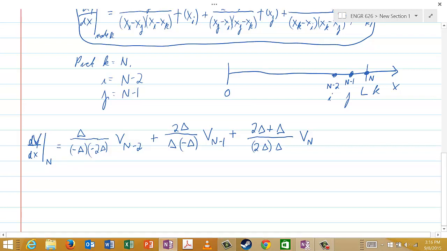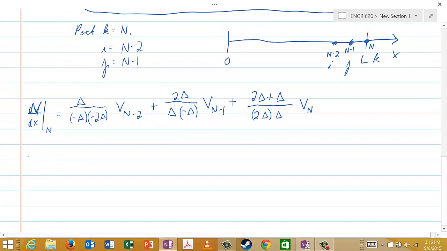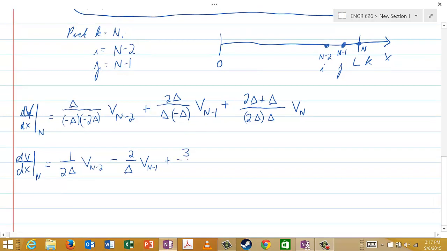So we have dv dx at node n is equal to this expression, and if we simplify that, we get dv dx at node n is equal to 1 over 2 delta times v sub n minus 2, minus 2 over delta v sub n minus 1, plus 3 over 2 delta v sub n.